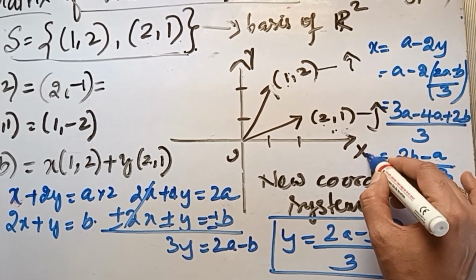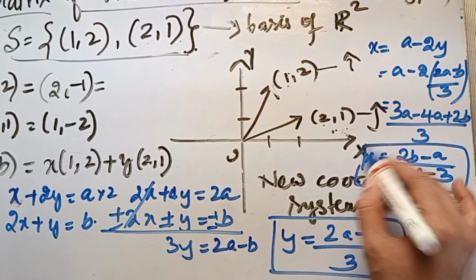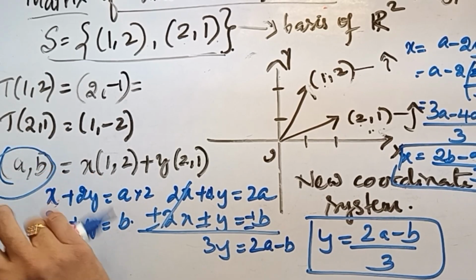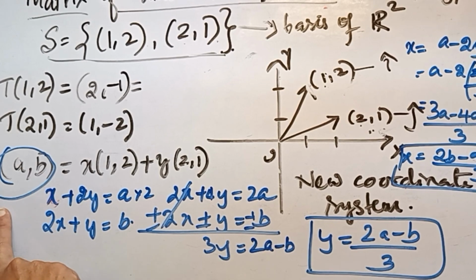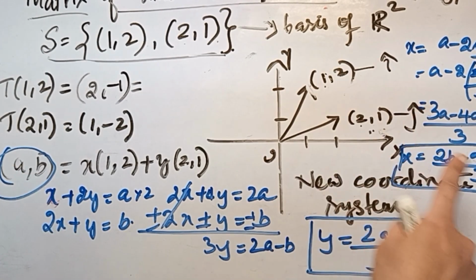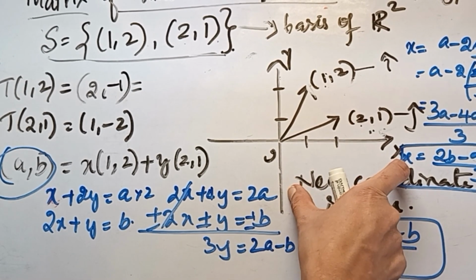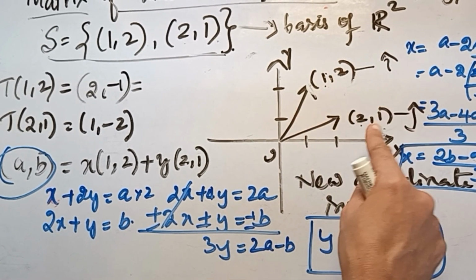This is how x looks in the new coordinate system. Therefore, any vector (a, b) in our standard coordinate system will go to the vector ((2b minus a) by 3, (2a minus b) by 3) in the new coordinate system where (1, 2) and (2, 1) act as a basis.